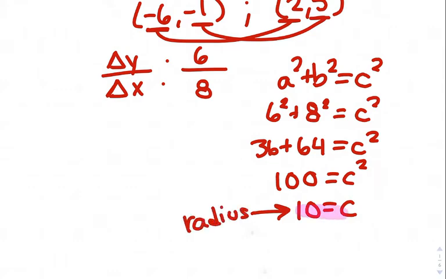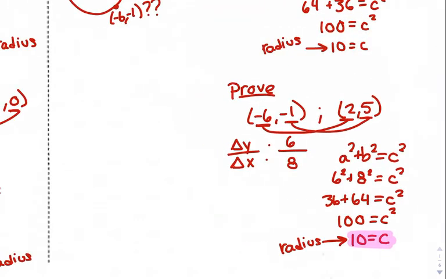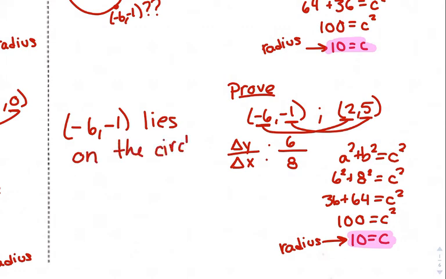So again, we compare our two radii. Since they're both 10, I know that (-6, -1) does lie on the circle. And that's how I prove a point is on a circle. So you use the Pythagorean theorem.